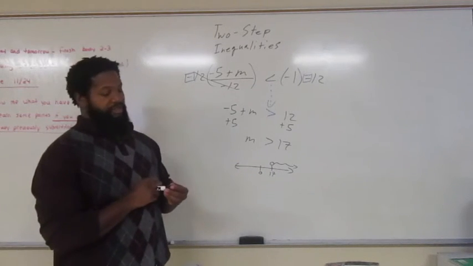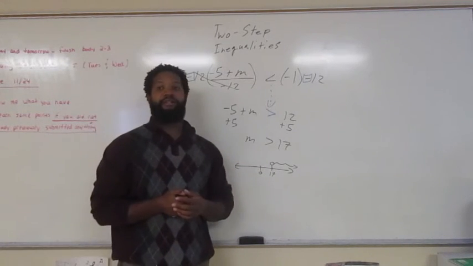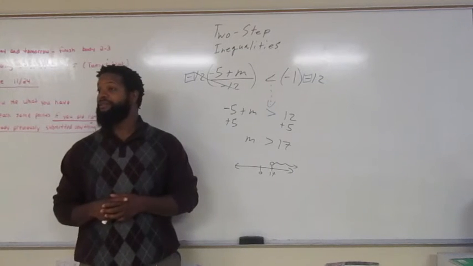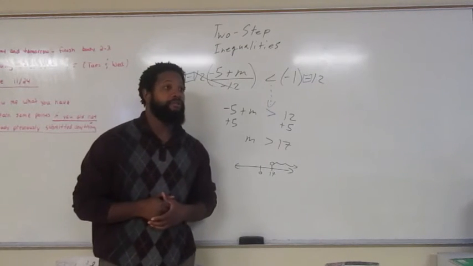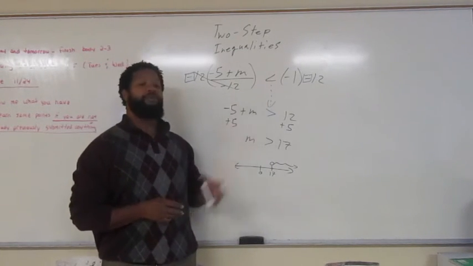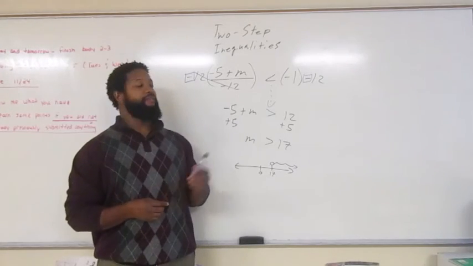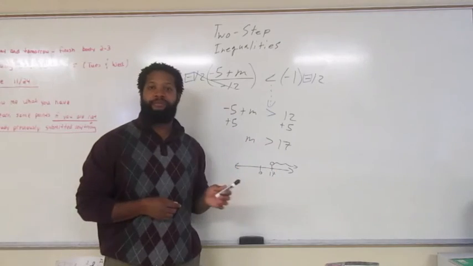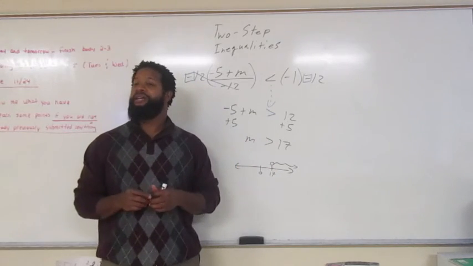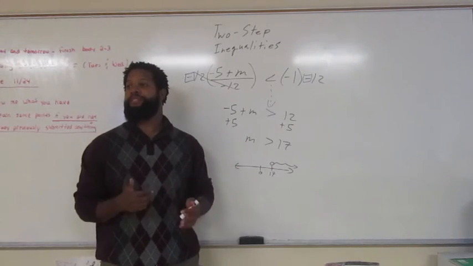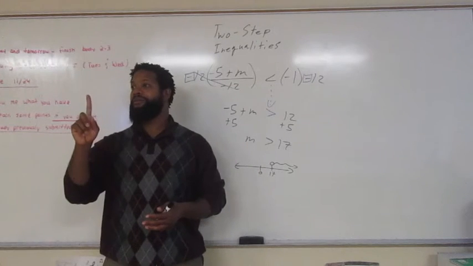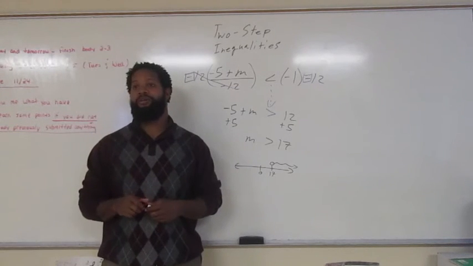I have seen plenty of kids, both 9th graders and 12th graders, get problems wrong because they're moving like lightning. They're doing the problems, they're doing it all correct, and they just forget to flip the sign one time, and the whole problem goes wrong.